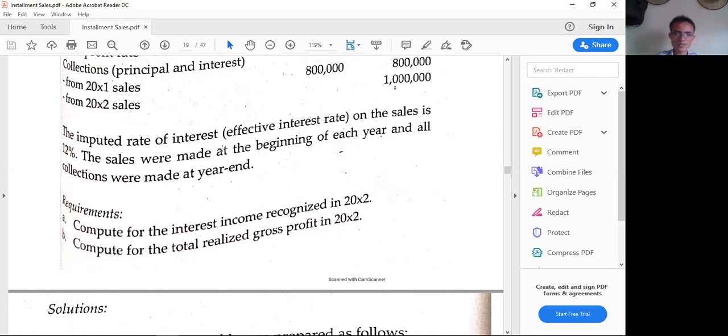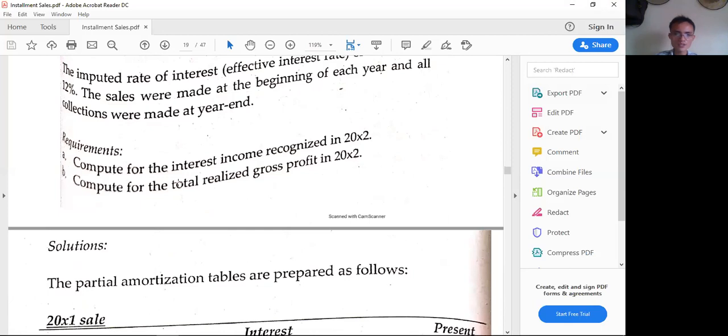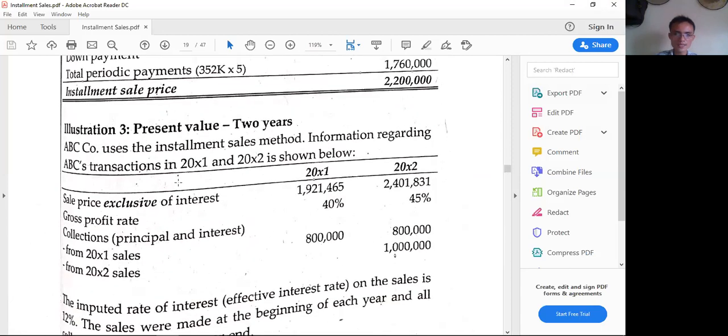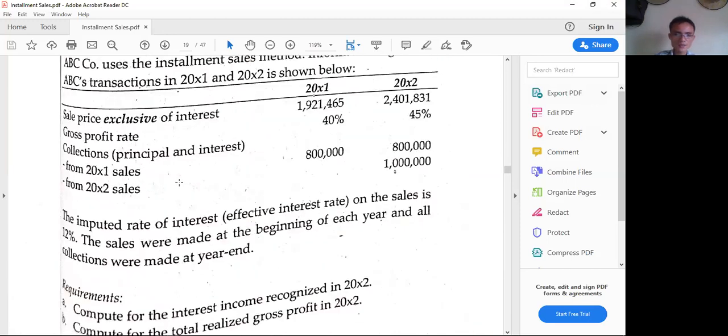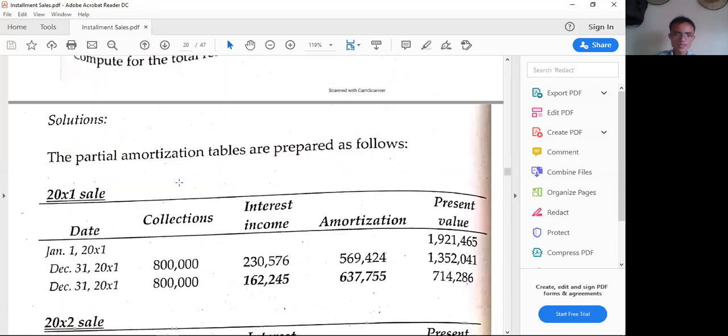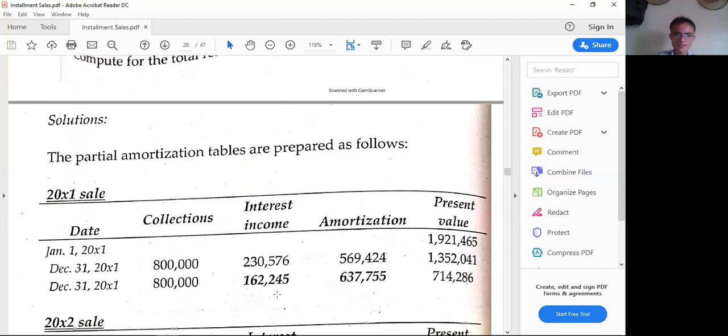The sales were made at the beginning of each year and collections were made at year end. All right, so meaning annuity. This is going to be an emphasis on annuity. Question is how much is the interest income and the total realized gross profit? So in this case, for 20x1, then we make amortization table. The interest income is this amount.